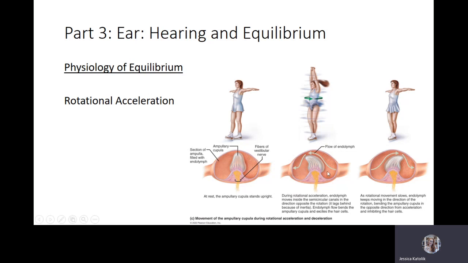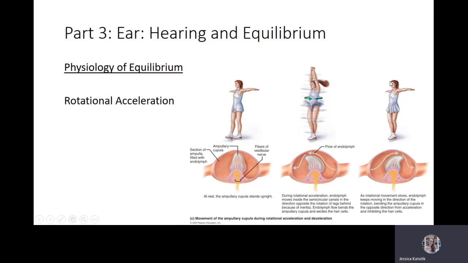So the semicircular canal will move in this direction and the endolymph will move in this direction. As it does so, the endolymph is going to push against the cupula and bend it over, and that will also bend the hair cells. The hair cells will become activated. It'll stimulate the sensory neuron, and the sensory neuron will carry that information to the central nervous system, where that information will be interpreted as a rotational acceleration within that particular direction.